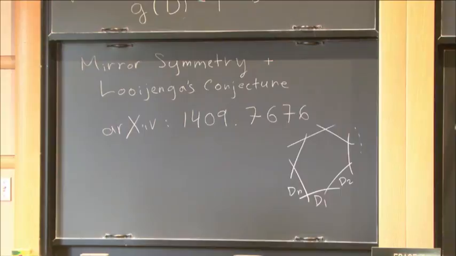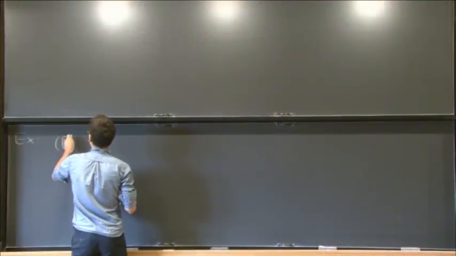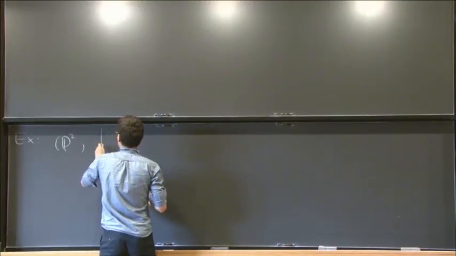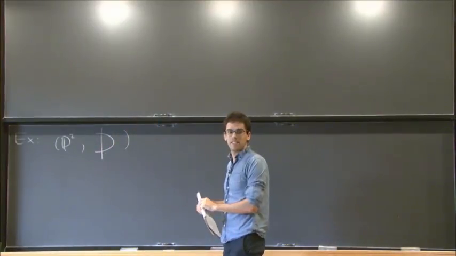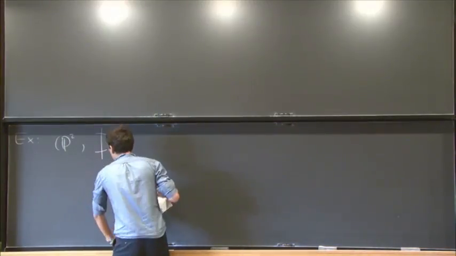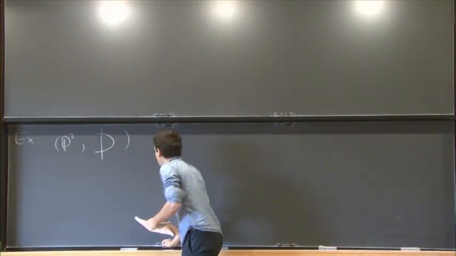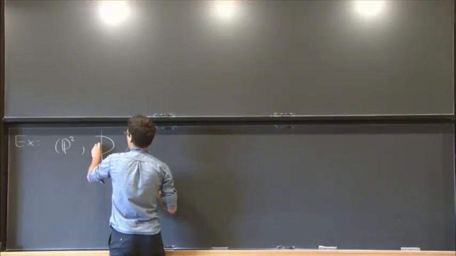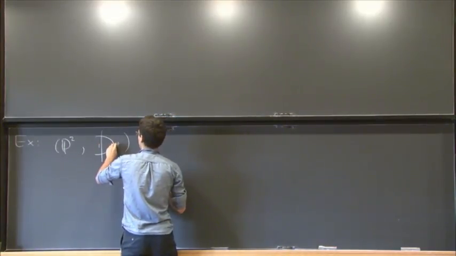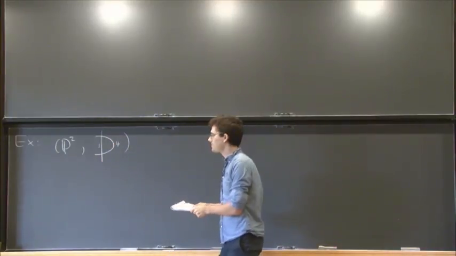So let's do a few examples. P2 with the union of a line and a conic that meet transversely at 2 distinct points. And what I'm going to do is label each of these curves by their self-intersections. So the self-intersection of a line in P2 is 1. The self-intersection of a conic is 4.